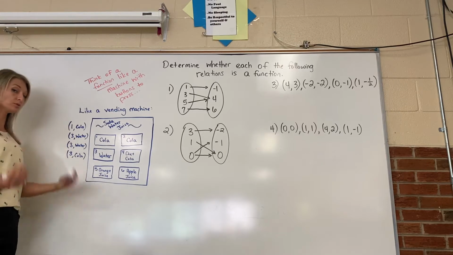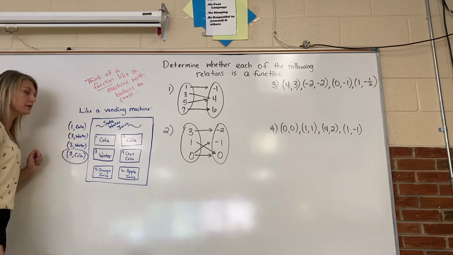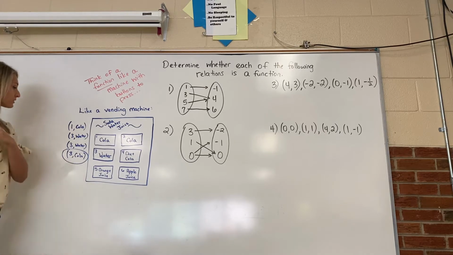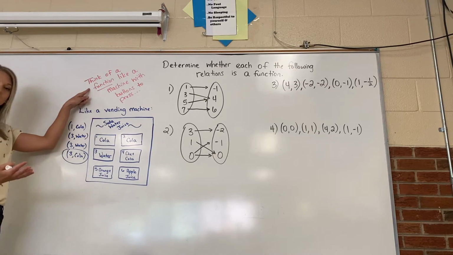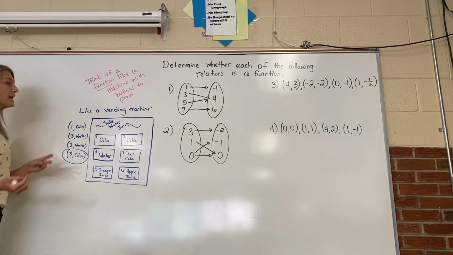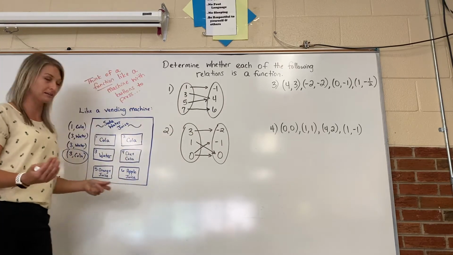When you do not get the same thing out of it, like with this example right there, that means your machine is not working properly, and so that would not be functioning correctly, and so it wouldn't be a function, okay? And so when you look at these problems, you're going to think of it the same way, okay?